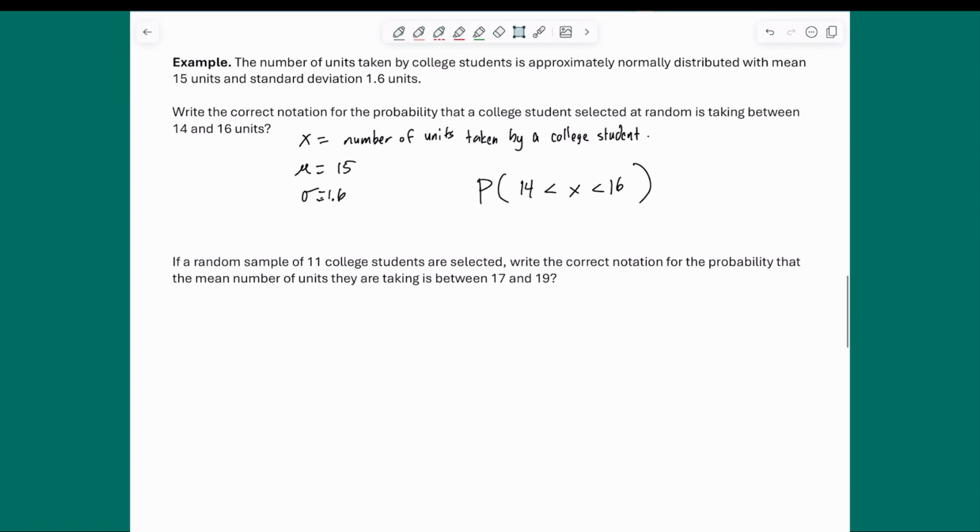Next example here. If a random sample of 11 college students is selected, write the correct notation for the probability that the mean number of units taken is between 17 and 19. No longer are we talking about the random variable X, but rather the random variable of sample means. In other words, we're looking at the sampling distribution of means. So this is the mean number of units taken by a sample of 11 college students.